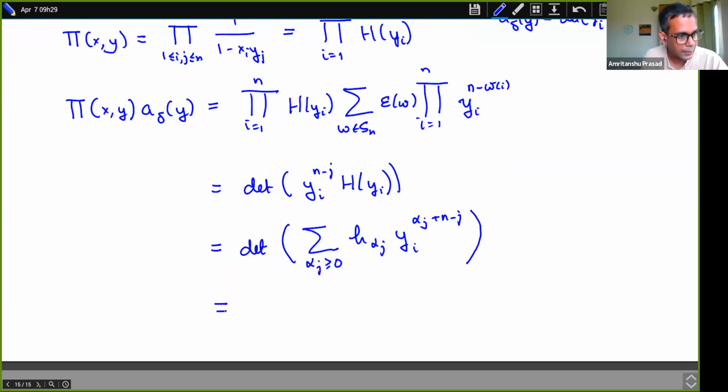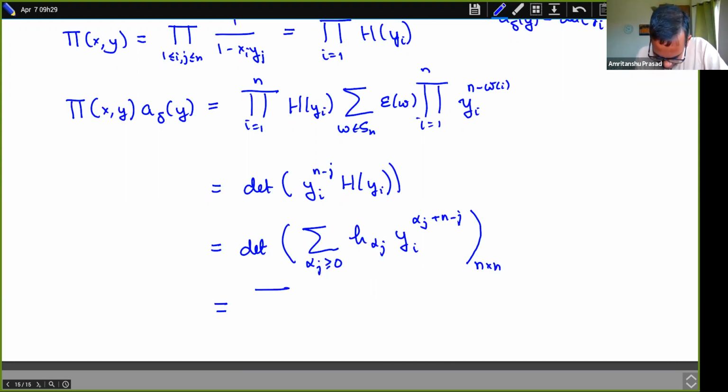You expand this determinant. So this j corresponds to a column of the matrix. This is an n by n matrix, and we can expand it along each of those columns. Each column is now a linear combination of things, and we can expand all those out.